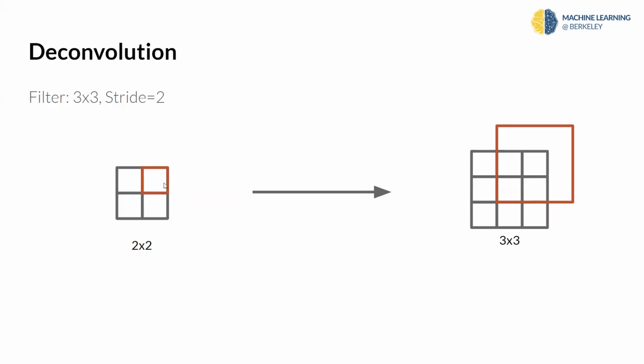We take the value at this pixel, multiply it by the weight in the kernel, and add it to the existing value in that spot. We can extend this if our filter is much bigger, or if our stride is bigger, to make the upsampled image larger.